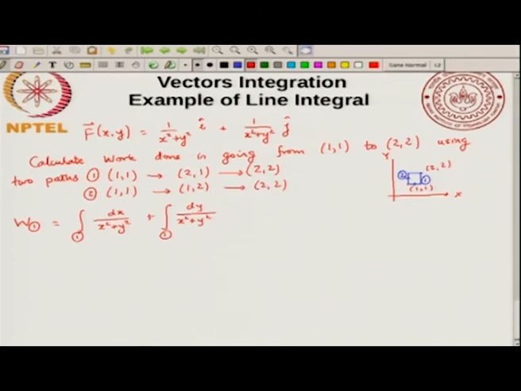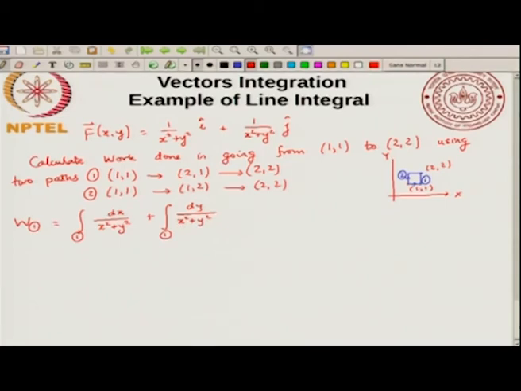Okay. Now you have to do both these integrals, okay, over path 1. Now if you can see, in path 1 there are two parts. In one part only the x changes, in the other part only the y changes. Okay. So in the first part of path 1, your dy is 0. Okay.